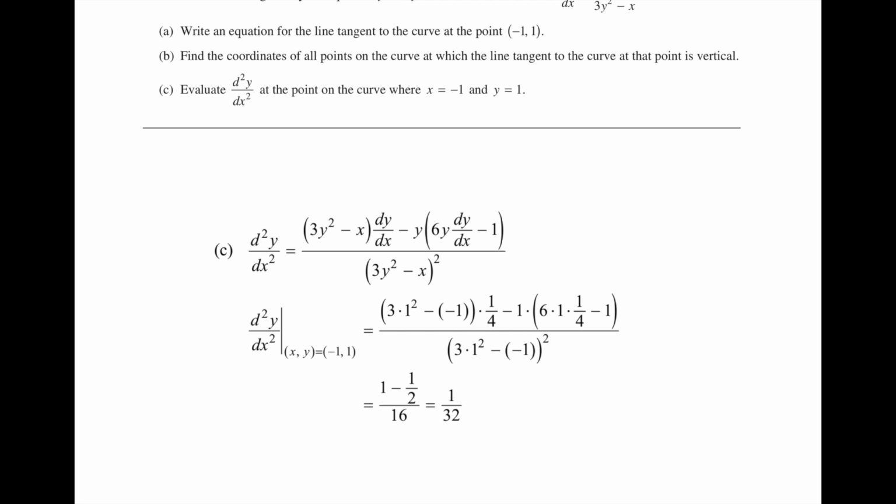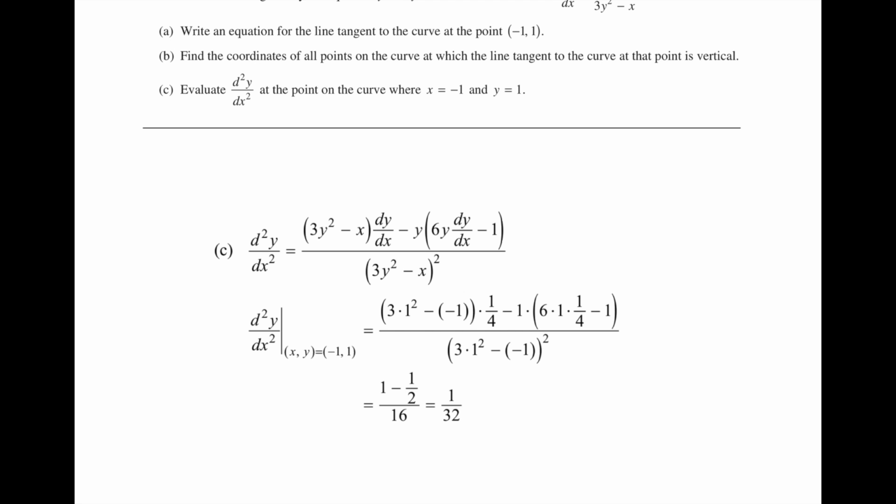Maybe the hard thing is that we have an implicit function where we have y and x. Just apply the derivative rules. Then after you find the derivative, substitute the given values for x and y, and the final answer will be 1 over 32.